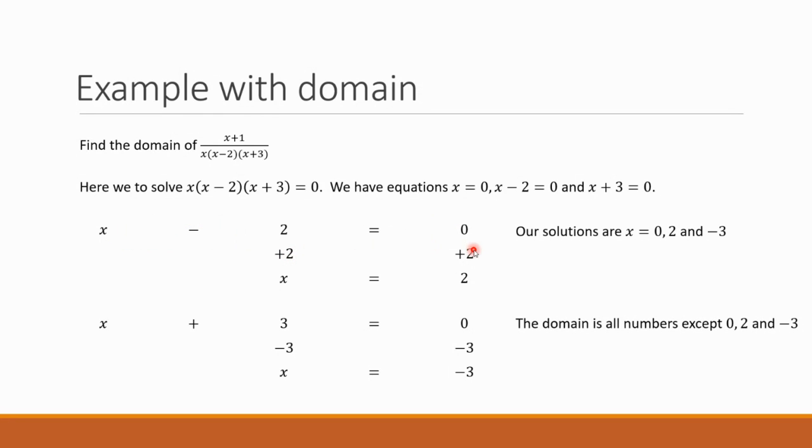We add 2 to both sides, get x equals 2. Here, same idea. We have x plus 3 equal to 0. We want to get x all alone. We subtract 3 from each side, get x equals -3. That's what we get.